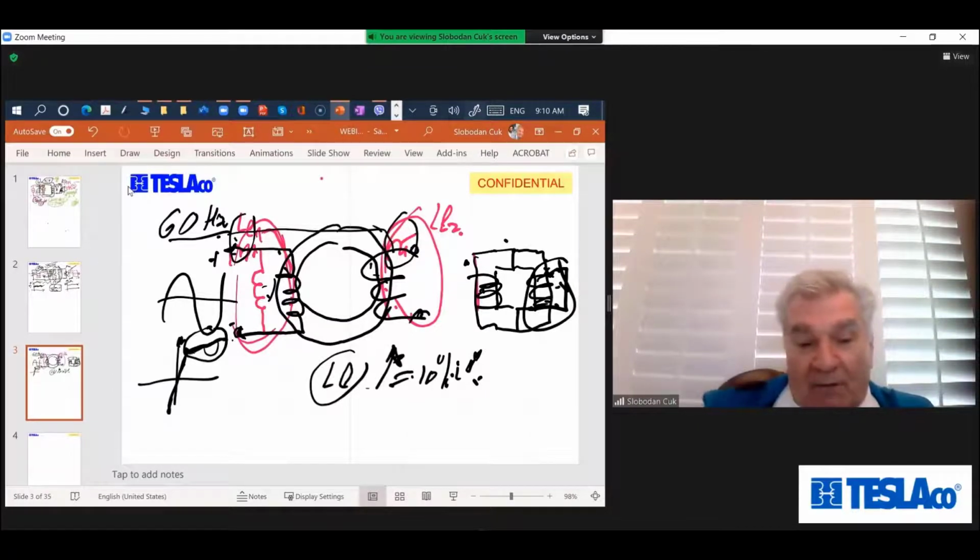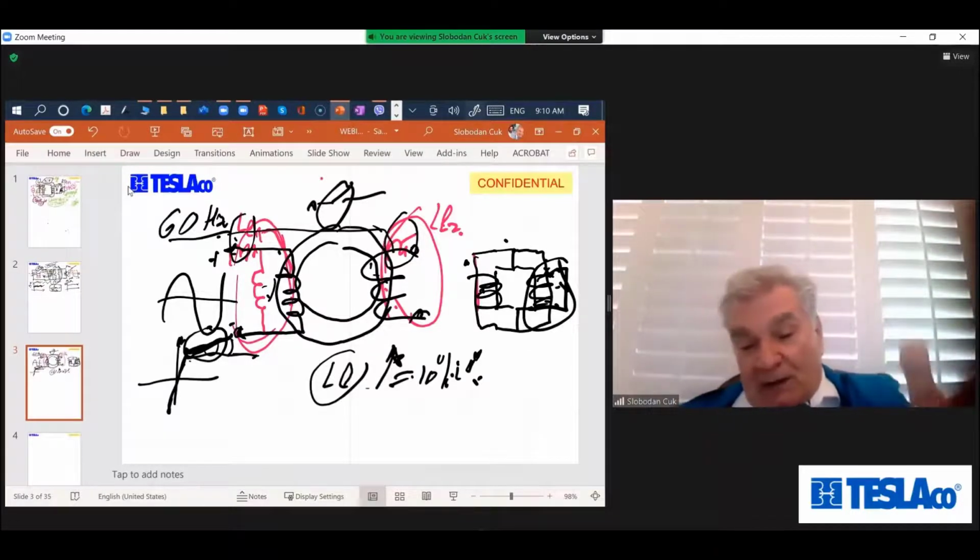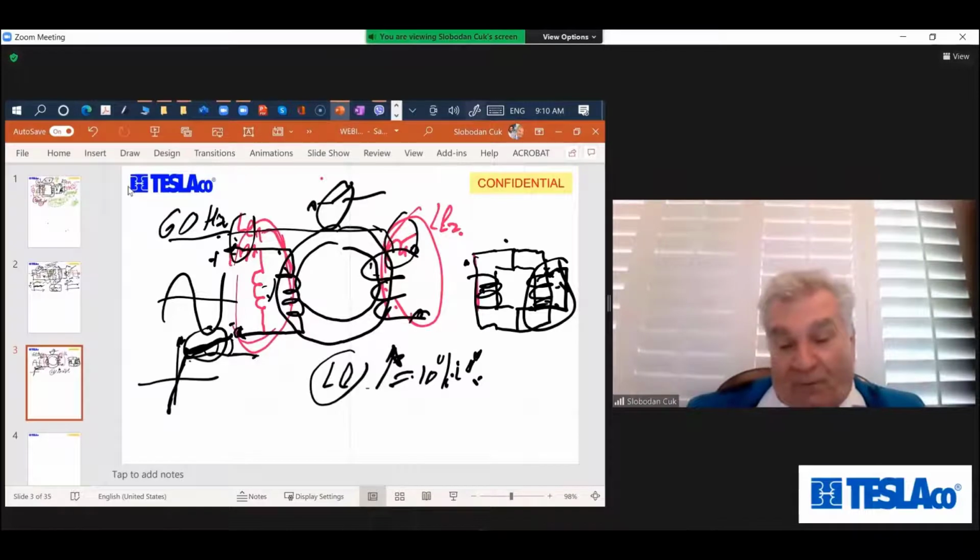So you want leakage inductance not flat, not zero, but reasonably high, because you have circuit breakers, and circuit breakers need a few seconds to shut off. So you want that leakage inductance to limit the current during these few seconds so you can shut it off, right?